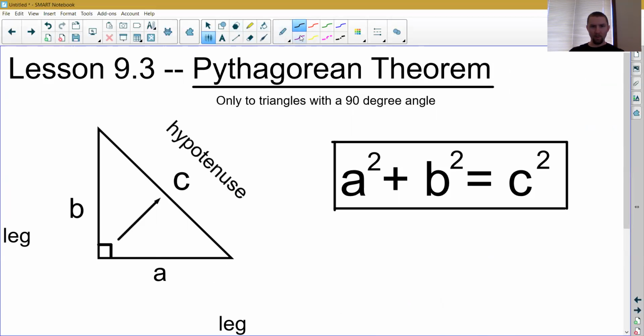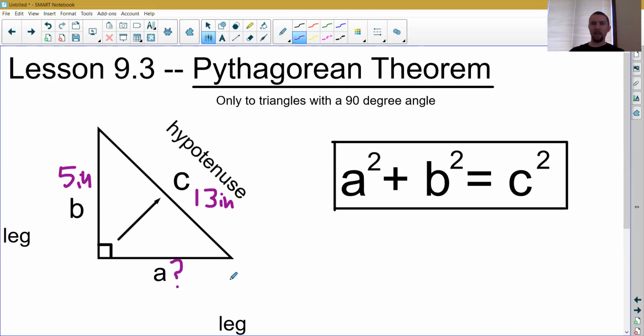What if we knew that the hypotenuse length, this c value, was, let's say, 13 inches or feet or miles or whatever. And we knew that this b value, by the way, a and b are totally interchangeable, the 2 legs of the right triangle, it doesn't matter which one's which. Let's say we knew that the b value was 5 inches this time, and we wanted to find out the a value. We didn't know the a value.